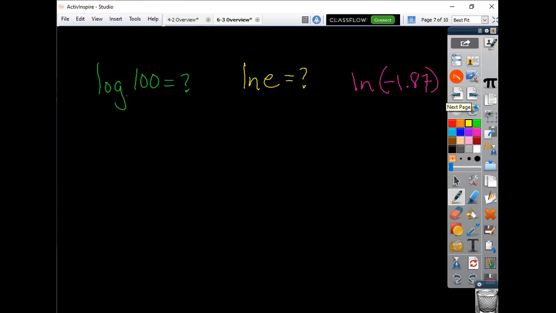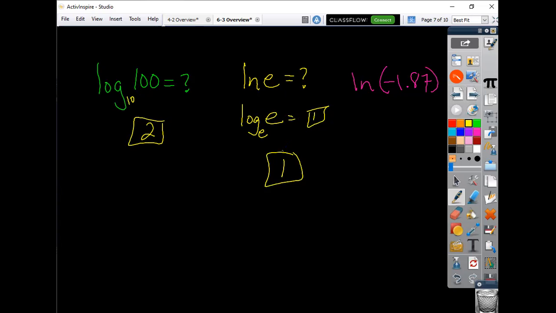So this is log base 10 of 100. 10 to what power is 100? 2. Remember, this is log base e, natural log, of this e. So e to what power equals e? 1.